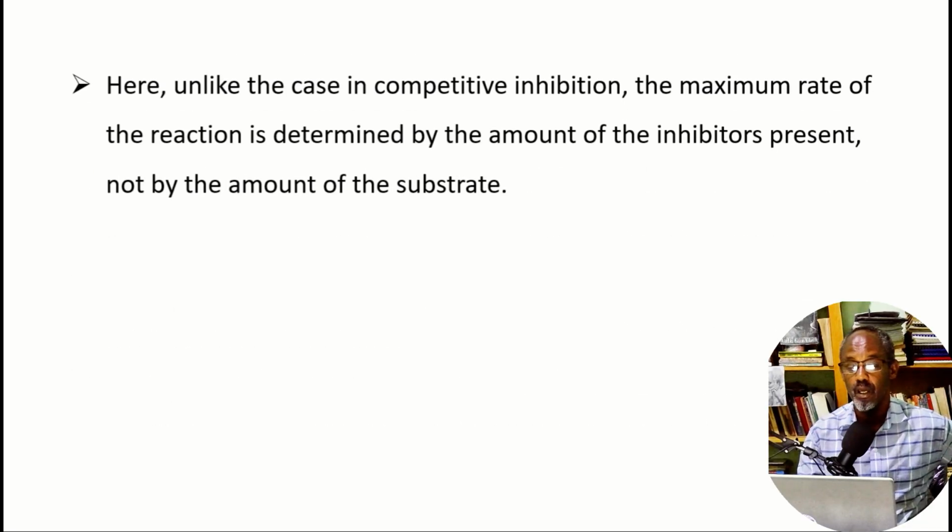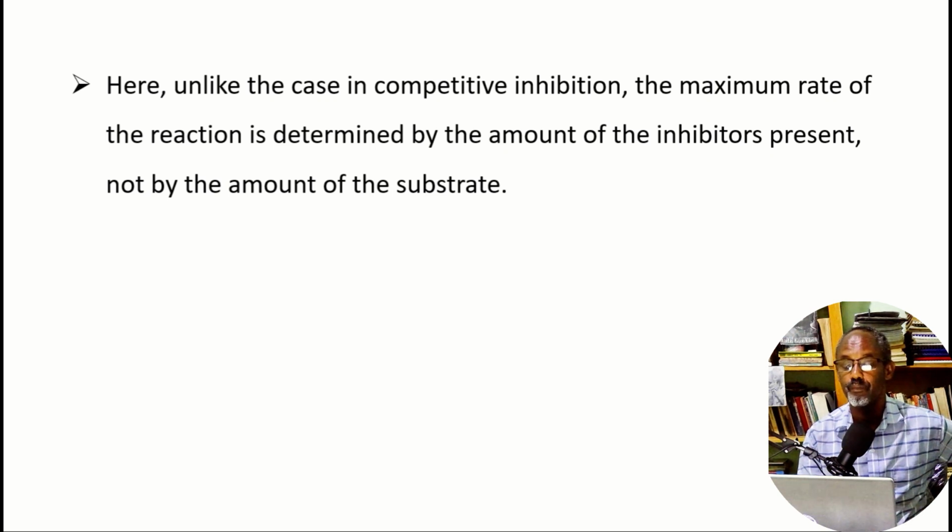Here, unlike in competitive inhibition, the maximum rate of the reaction is determined by the amount of the inhibitor present, not by the amount of substrate. In competitive inhibitors, the amount of substrate determines the degree of inhibition.